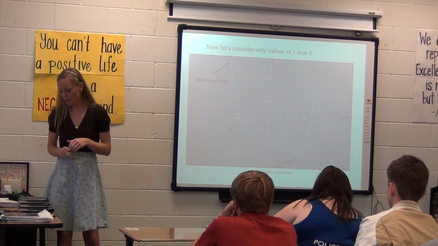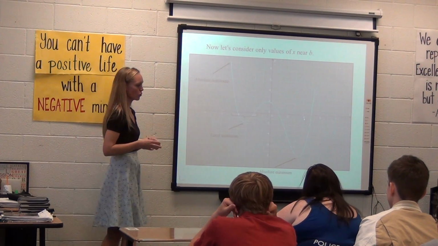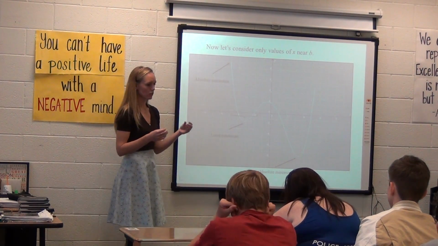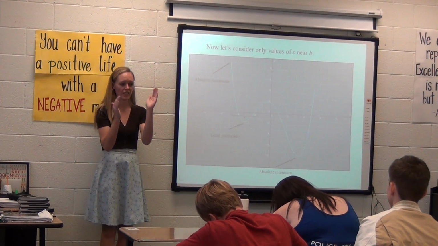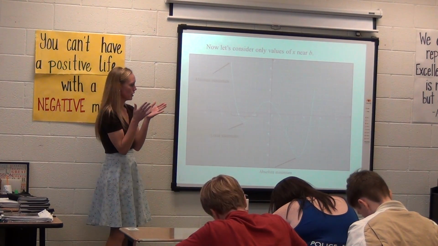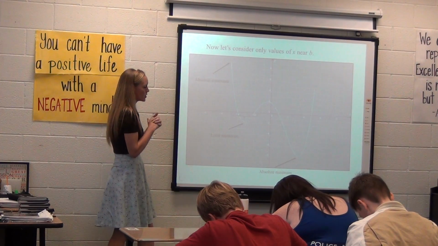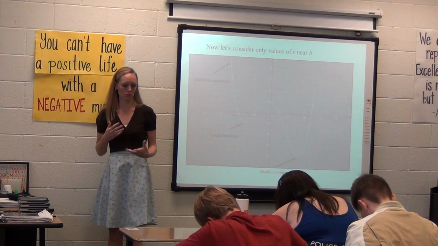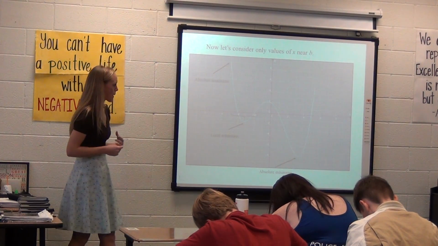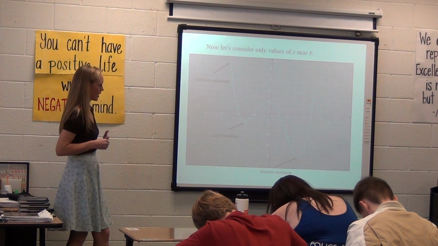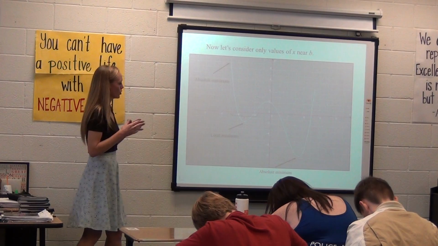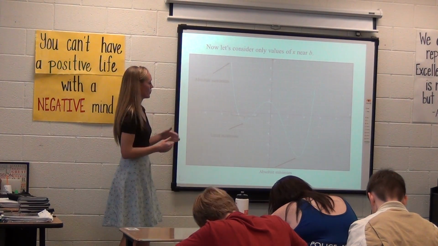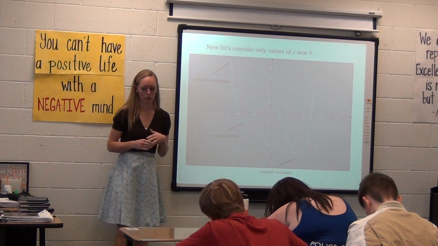Because we're only talking about an interval, that's called a local minimum. It's local because we're zooming in on a certain part of our graph. These local mins and maxes will have significance as well. It's not the absolute minimum, it's not the lowest point the graph hits overall, but we can certainly zoom in and say that we have a local minimum.